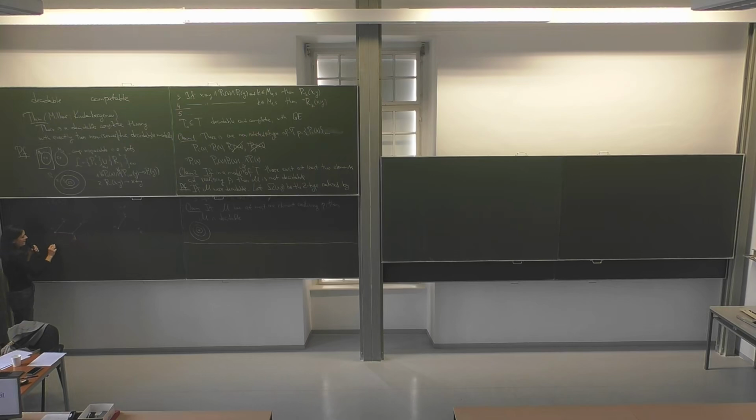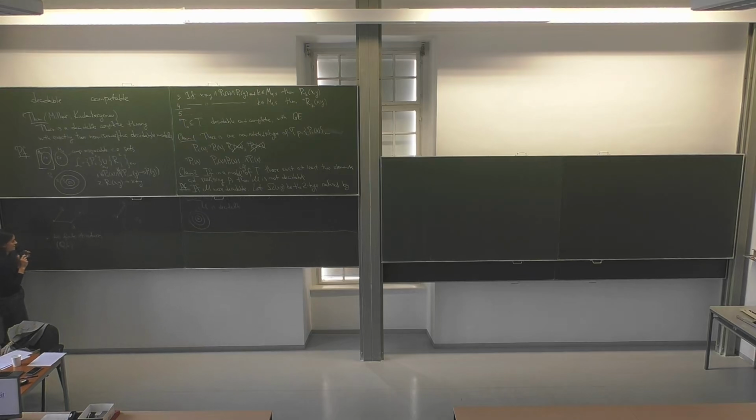Well, okay, all finite structures, of course. All decidable structures, in particular dense linear order, Q. This is obviously a computable structure, algebraically closed fields and things like this.